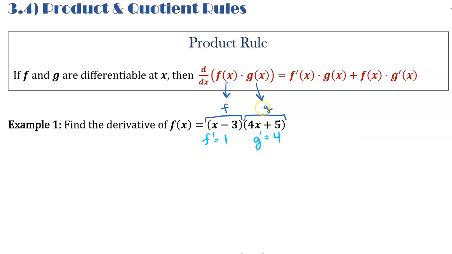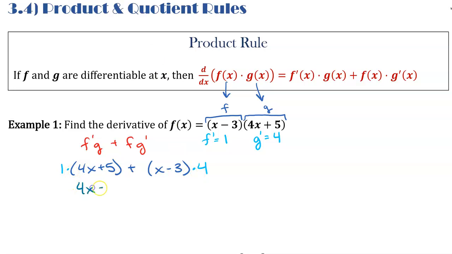So with this, we can use our product rule, saying that we want to do f prime g plus f g prime. So f prime is 1, g is 4x plus 5, and then we would add that to f, which is x minus 3, times g prime of 4, and combine and simplify.